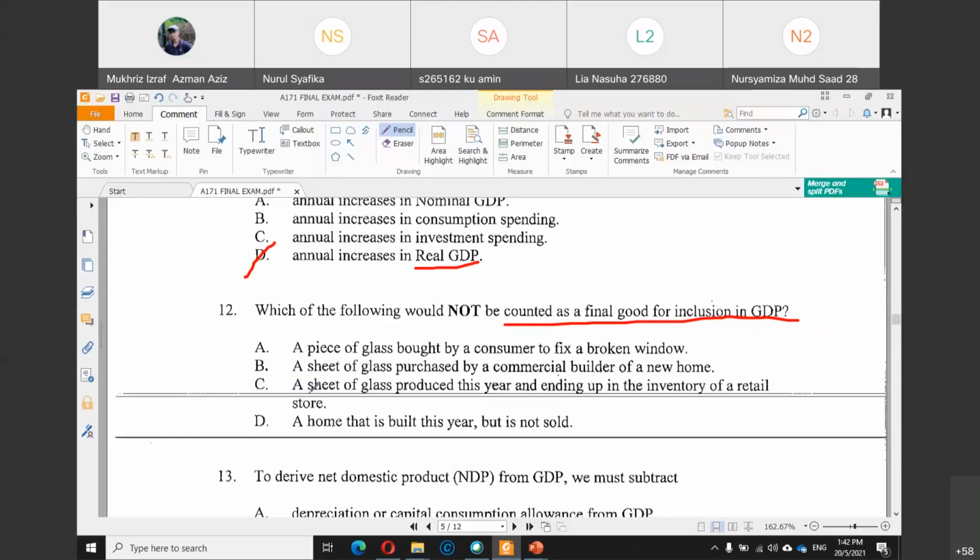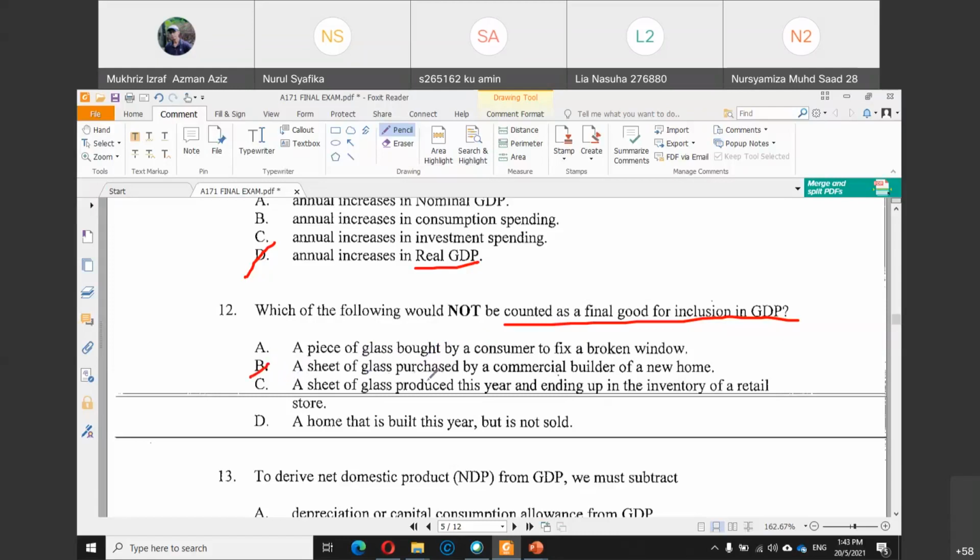A, B, C, or D? Will not be counted. So I mentioned before, you want to avoid including intermediate goods as part of the calculation. So the correct answer actually should be B.